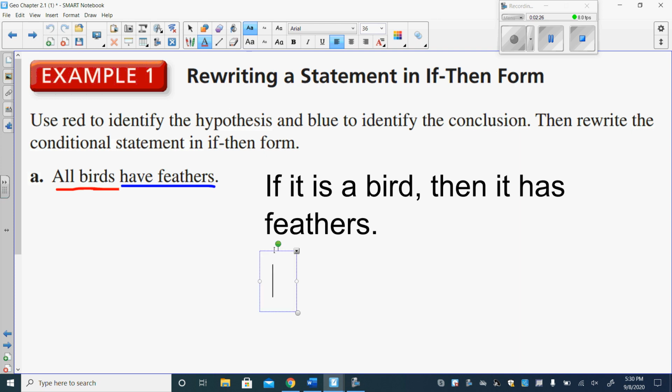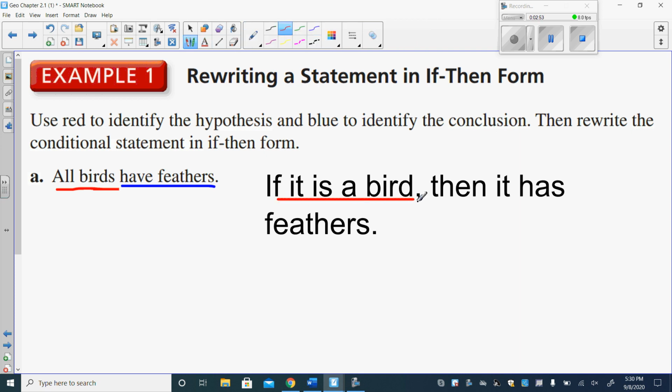We can't really use it because it's way too chunky. It doesn't flow. If it is a bird, then it has feathers. And we need this if-then. Sometimes we do have to rewrite it, sometimes we won't. But in this case we do, because we need the hypothesis.